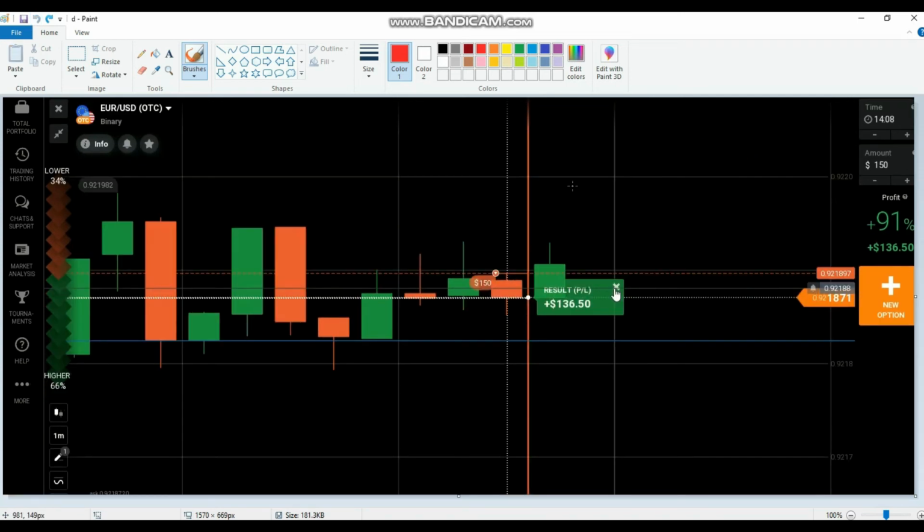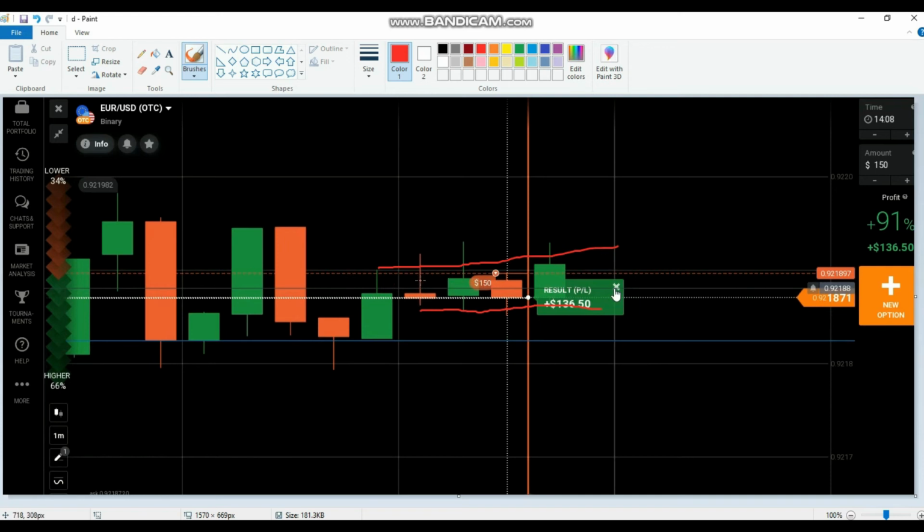That's why I placed a put option in this candle. Here we can see the market is consolidating, right? The market is between these two points now. It's consolidating, and also it's an OTC market. We know that in an OTC market it will give you many patterns. In the OTC market the green red pattern is very common.